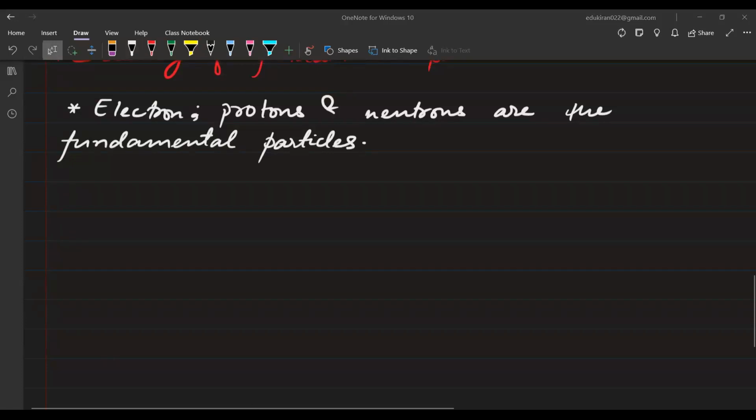But in order to understand the discovery of electron more effectively, we are going to look at an experiment. Now, where is the experiment? Experiment is not here. Just a second. I have to search it up now.